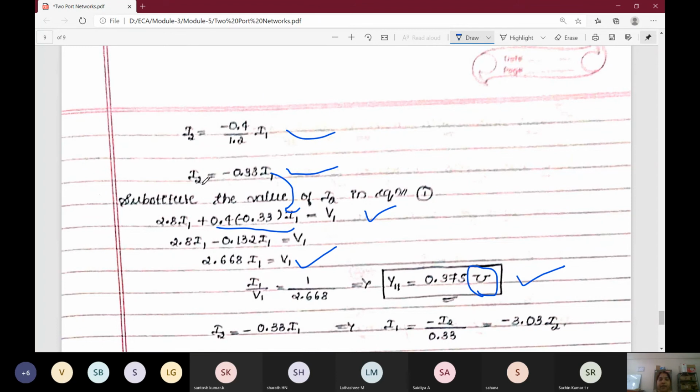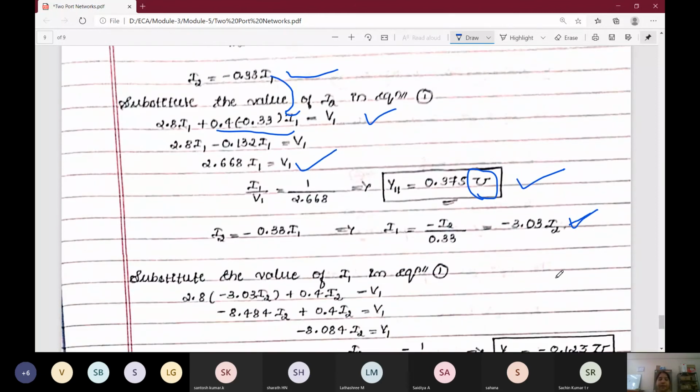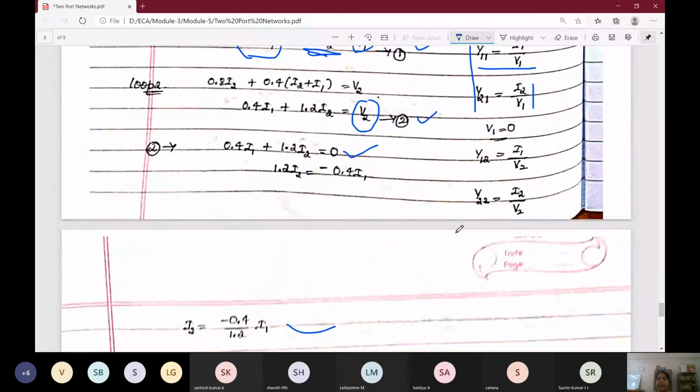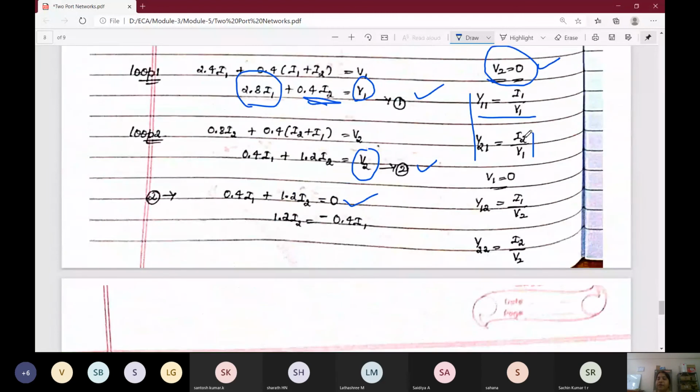Next, we have I2 is minus 0.33 I1. So how much is I1? I1 is minus 3.03 I2, just inversing it. So substitute the value of I1. For the next parameter, Y21, we want I2, we don't want I1.